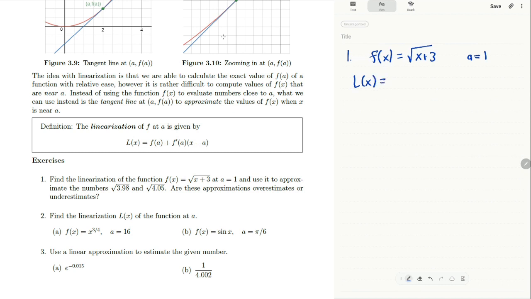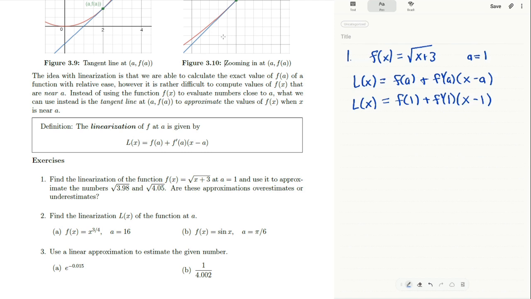So the linearization is given as f of a plus f prime of a times x minus a. So for our case, a is equal to 1. So the linearization at this point is equal to f of 1 plus f prime of 1 times x minus 1. So what we need are the two values, f of 1 and f prime of 1.